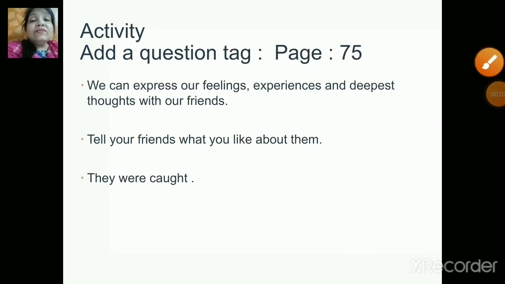Over here now the first sentence is, we can express our feelings, experiences and deepest thoughts with our friends. I repeat, we can express our feelings, experiences and deepest thoughts with our friends. Next one, tell your friends what you like about them. Next, they were caught.